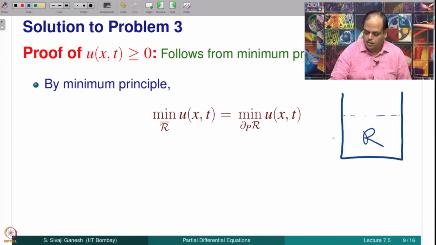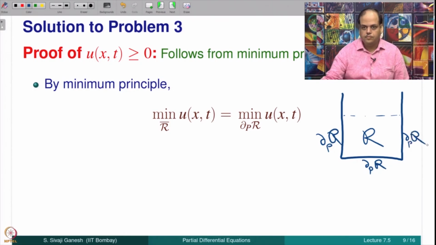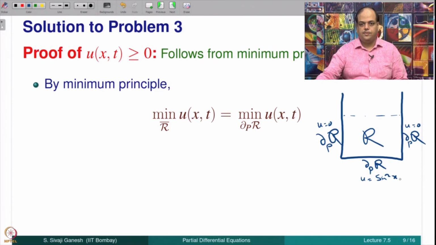This is R. So, the parabolic boundary is the union of these 3 lines, and u is 0 here, u is 0 here, and u is sin square x here, that is what is given to us.